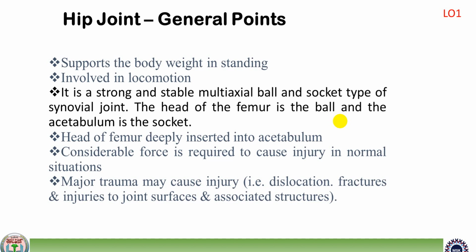Here, the head of the femur is deeply inserted into the acetabulum, unlike the shoulder joint. So considerable force is required to cause injury in normal situations, especially dislocation. Major trauma may cause hip joint injury, like dislocation, fractures, injuries to the joint surface, and associated structures.